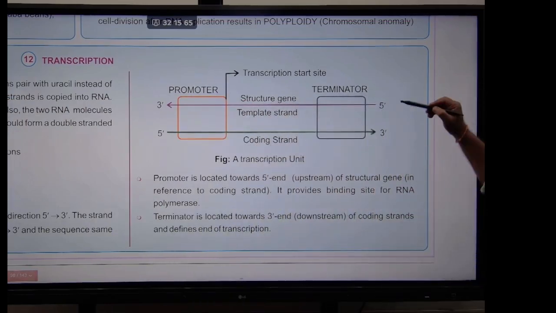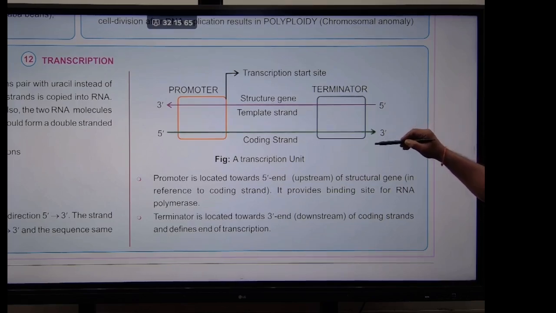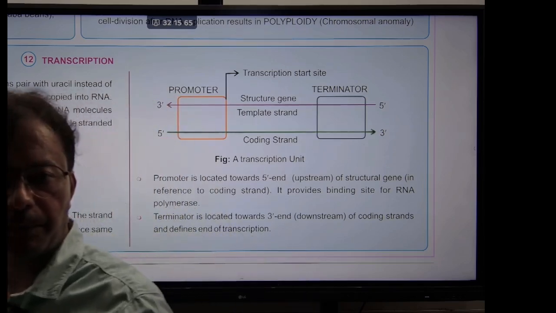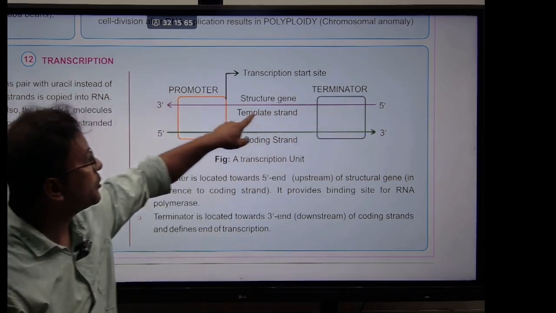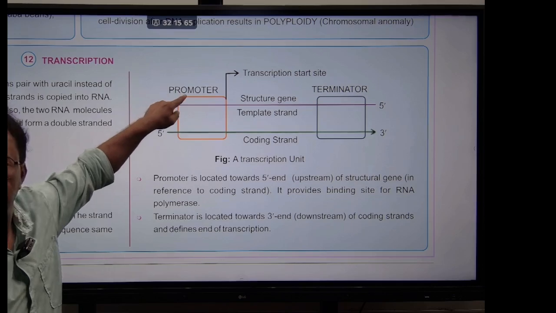It has two strands, 3' to 5' and 5' to 3'. Do you think both the strands are used as templates here? No, only one of them. The one which runs 5' to 3' is the template strand. And this occurs from the promoter.